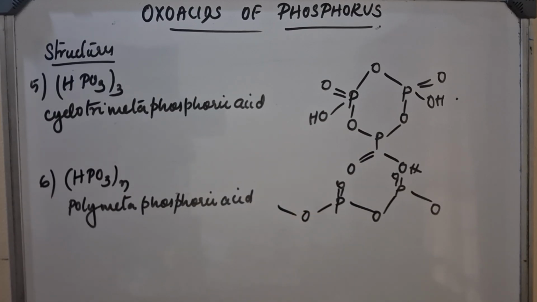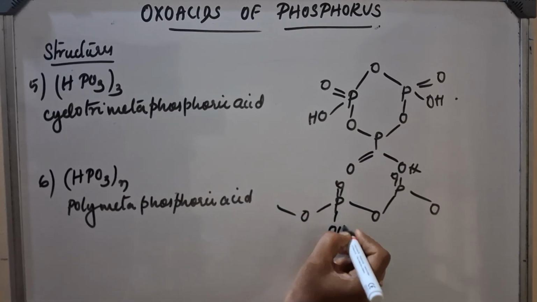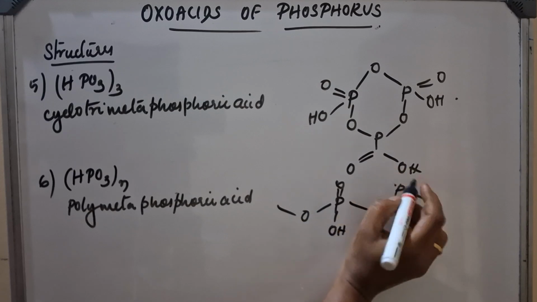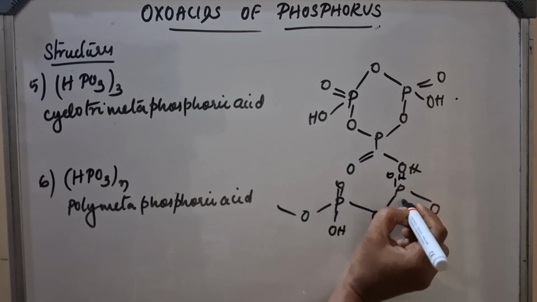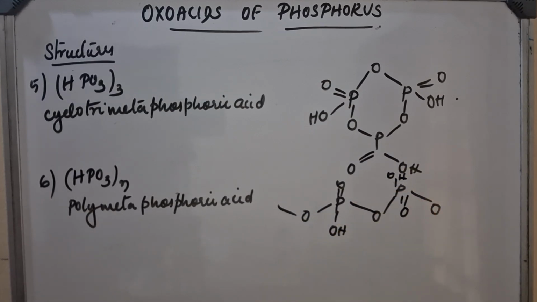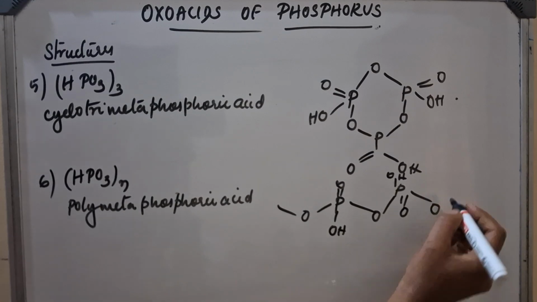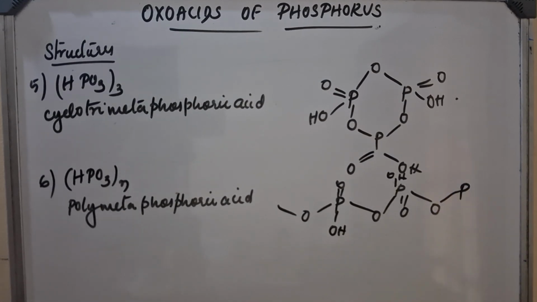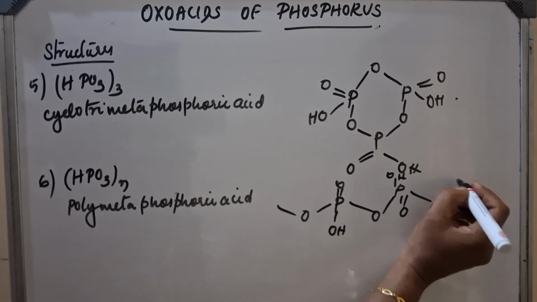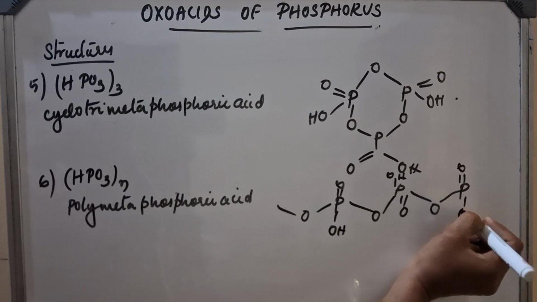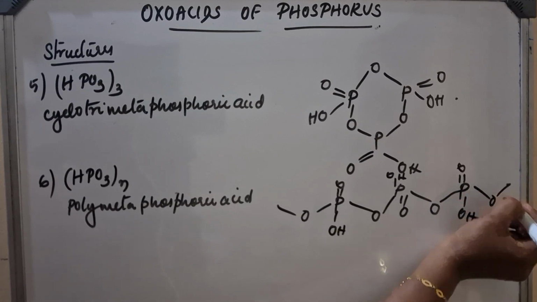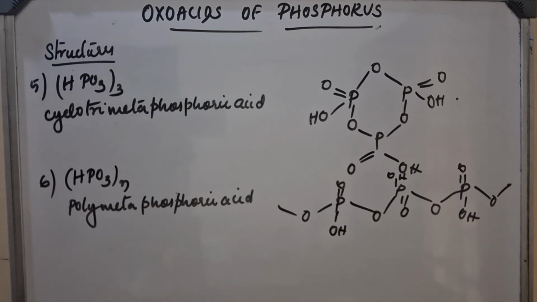Now here OH and here OH and here double bond O. Again P-O-P. Now double bond O, OH goes up. It's n times. So this will be the structure of polymetaphosphoric acid.